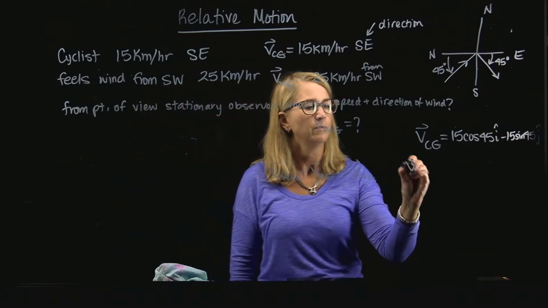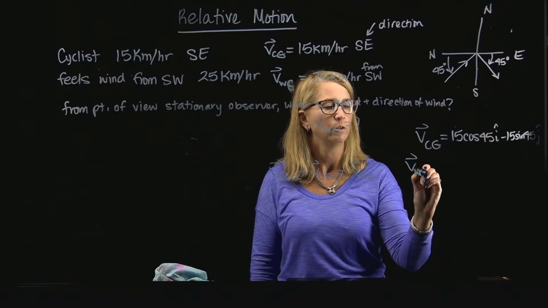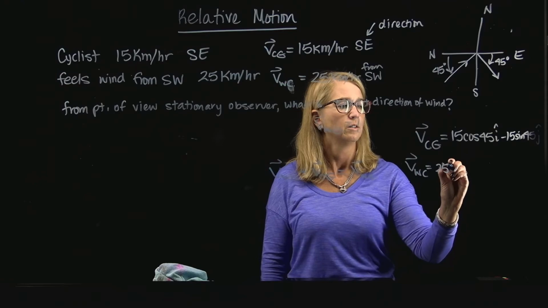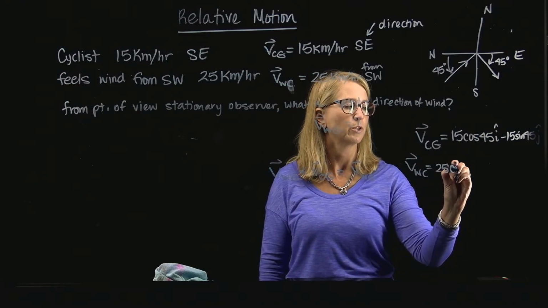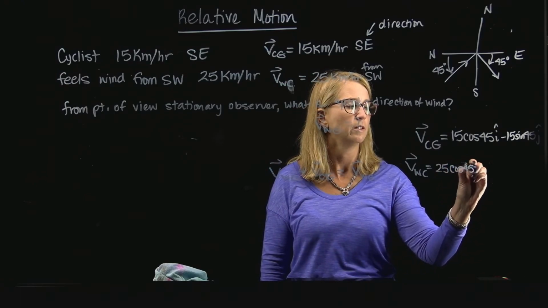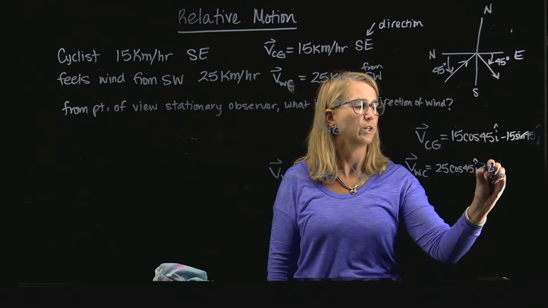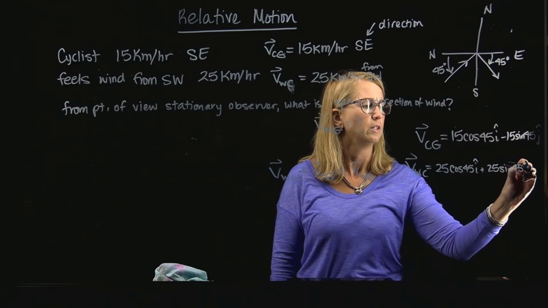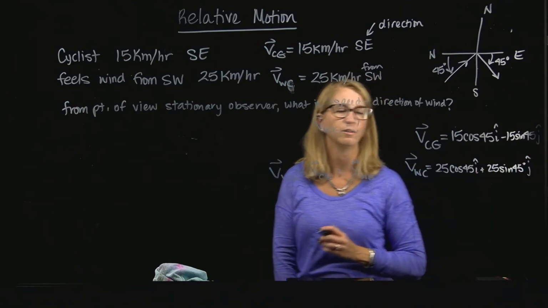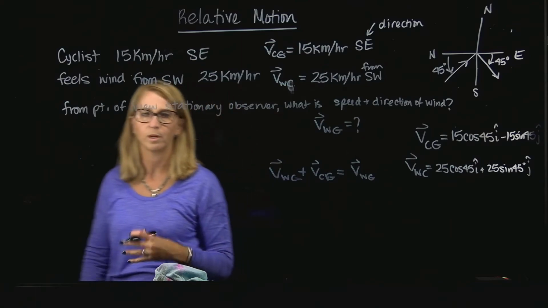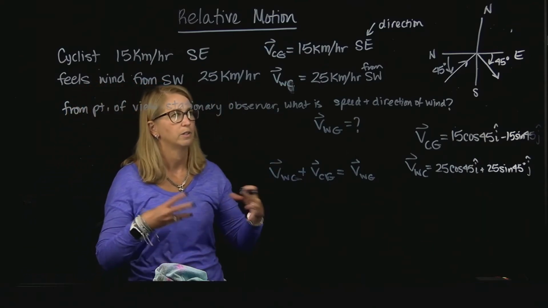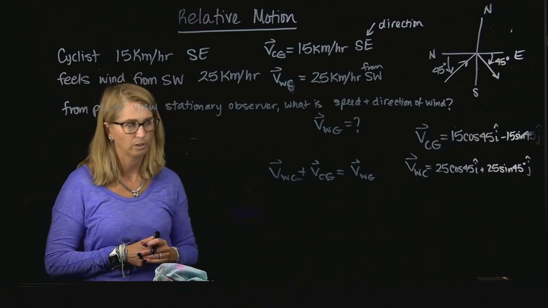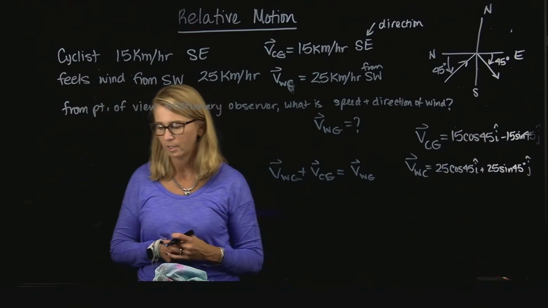The velocity of the wind with respect to the cyclist is 25 kilometers per hour times the cosine of 45 times i, plus 25 times the sine of 45 degrees times j. I know that the sine and the cosine are the same, but I wanted to be consistent.